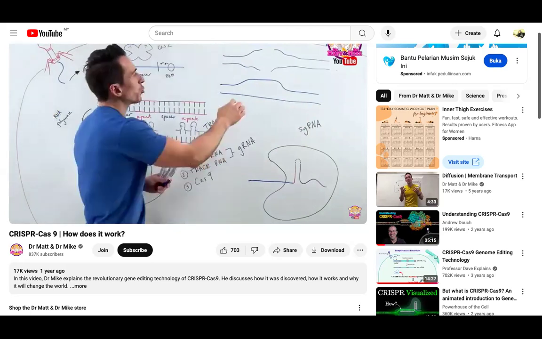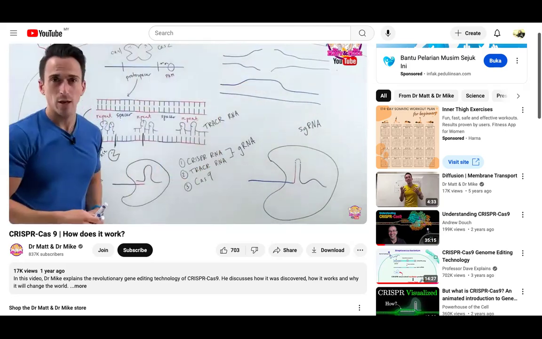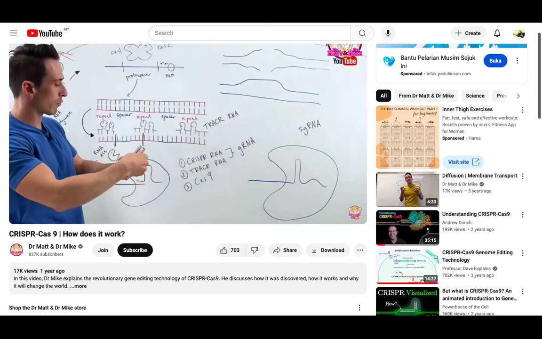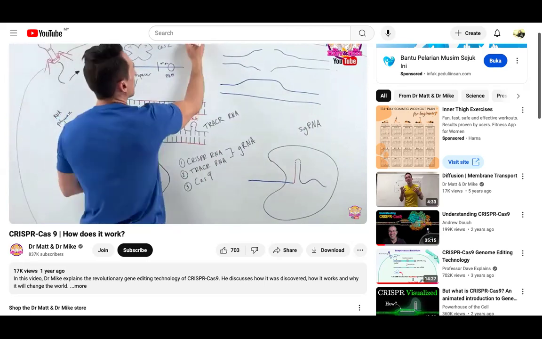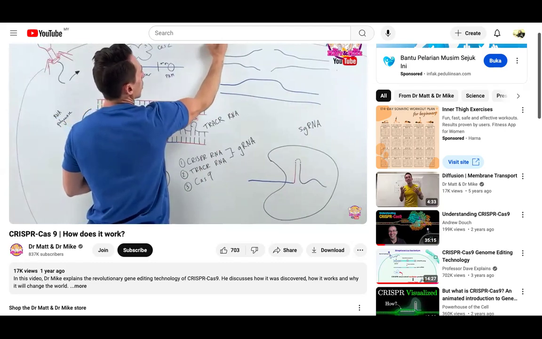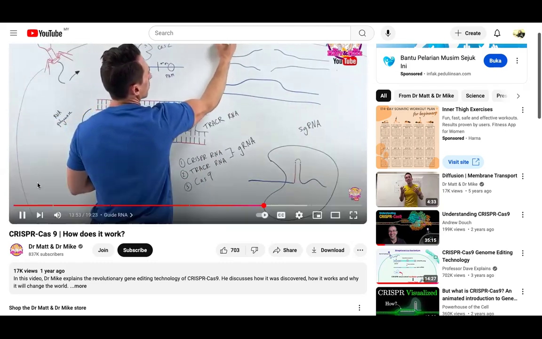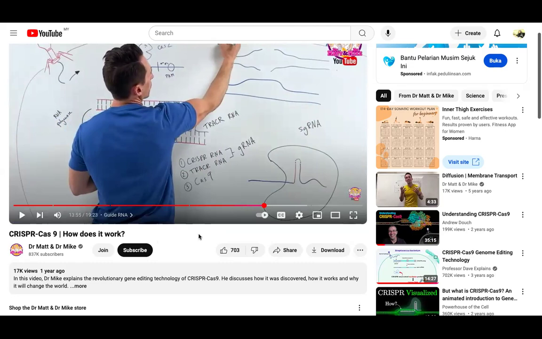Now, if we want to repair this break, 2 different types of repair mechanisms can happen. You can have what's called non-homologous... okay, so this is where I stop, because we're not talking about gene editing in humans, but the process of how single guided RNA is produced, because this is our biomarker.